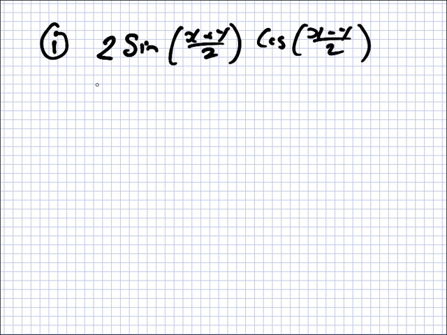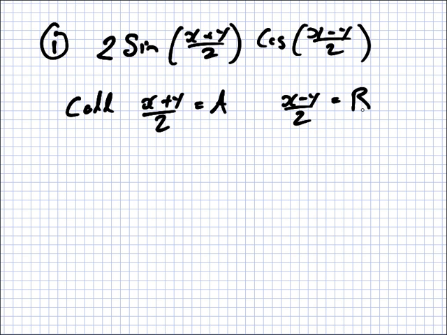Now if you look, this is like 2 sine A cos B, with A as (x plus y) over 2 and B as (x minus y) over 2.